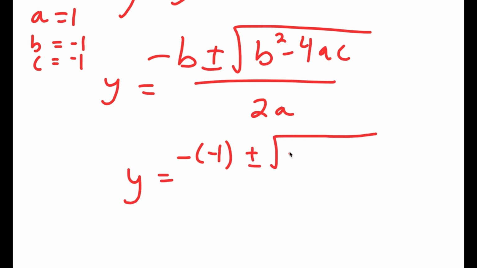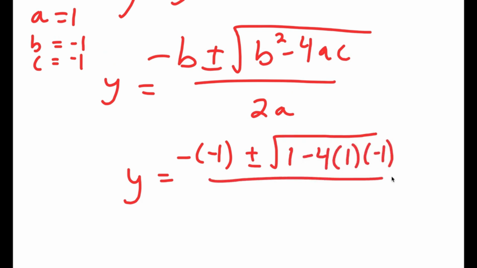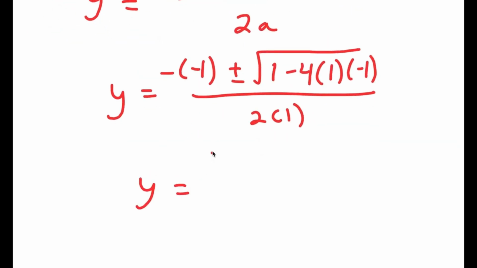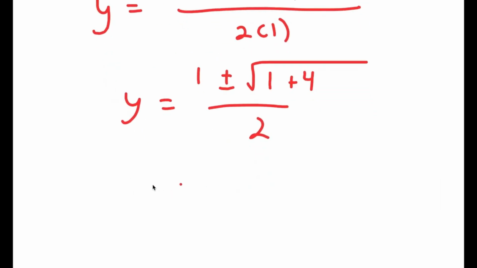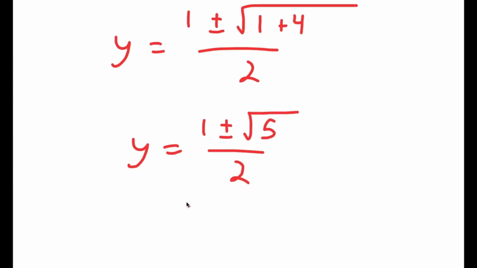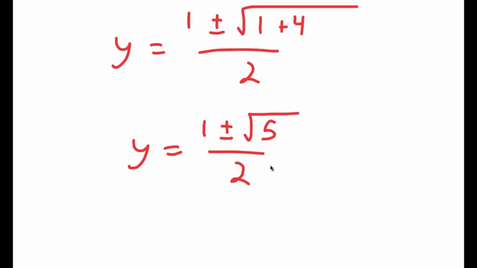So negative 1 squared, which is 1, minus 4 times a, which is 1, times c, which is negative 1, all over 2a, so 2 times 1. Now this is equal to positive 1 plus or minus square root of 1 plus 4 over 2, which is equal to 1 plus or minus the square root of 5 over 2. So y is equal to 1 plus or minus the square root of 5 over 2.